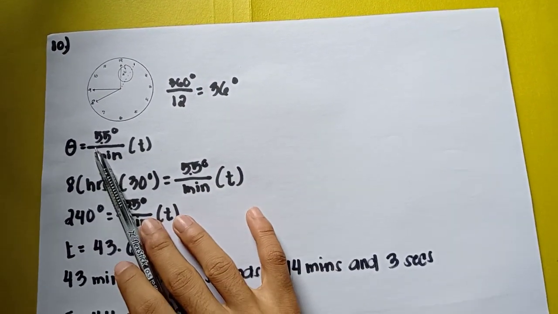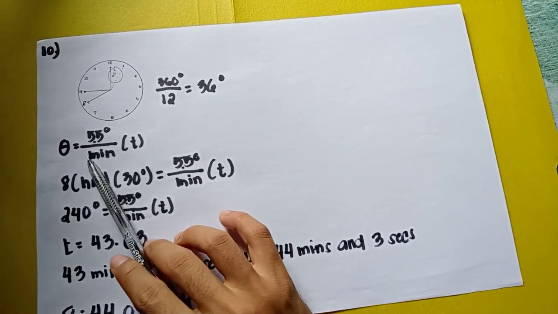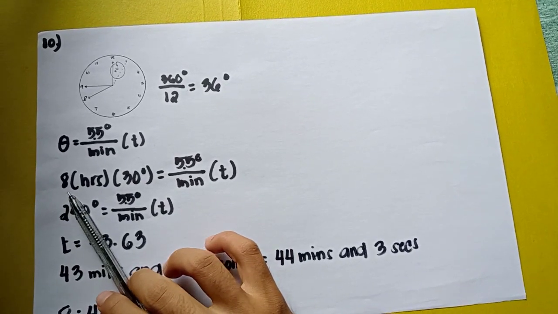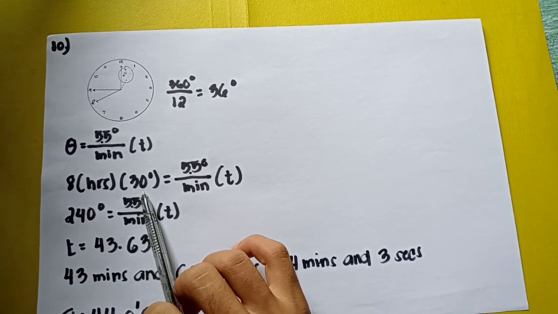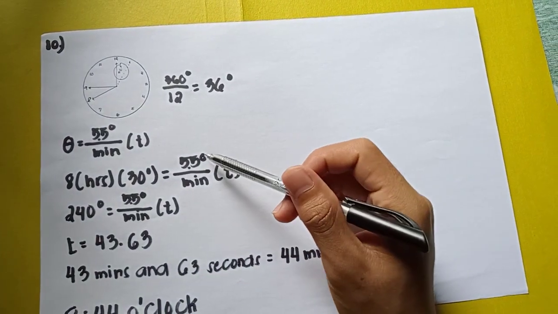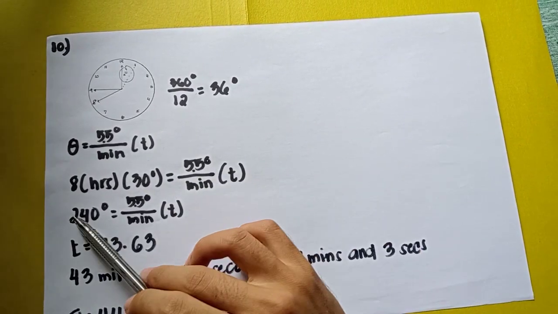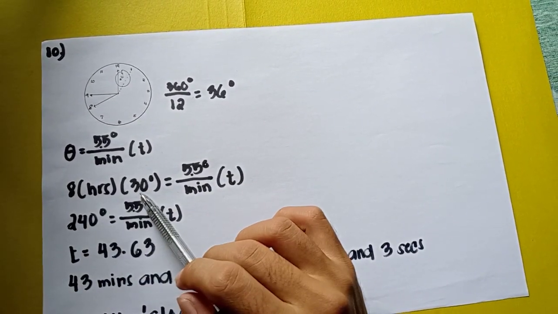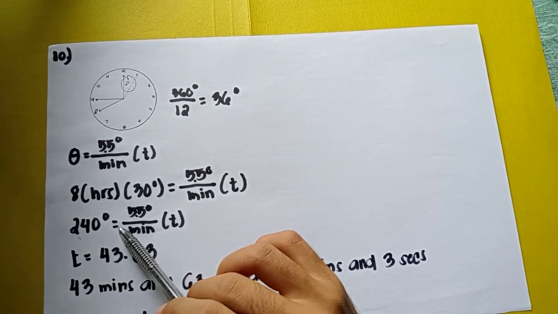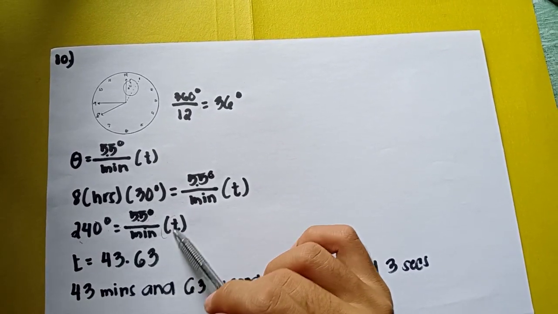And then next, theta equals 5.5 degrees per minute times time. 8 hours equals 240 degrees, equals 5.5 degrees per minute times time. 30 times 8 is 240 degrees equals 5.5 degrees per minute times time.